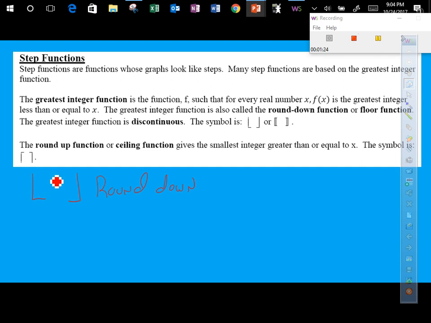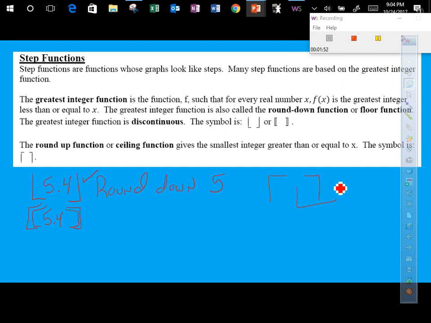So for instance, if I had 5.4, you would round that down to 5. Sometimes it is also written like a double bracket. In FST, we try to use that symbol a little bit more, but every now and then the other would show up. And then we're also going to talk about the round up function.